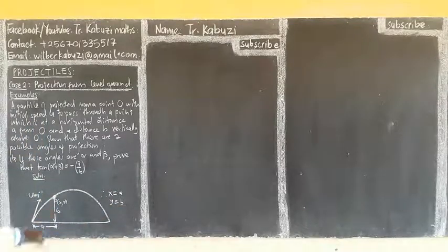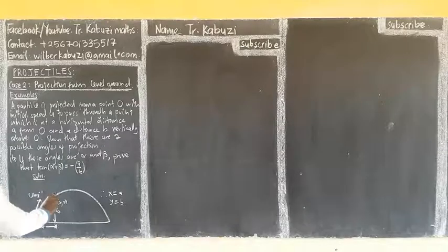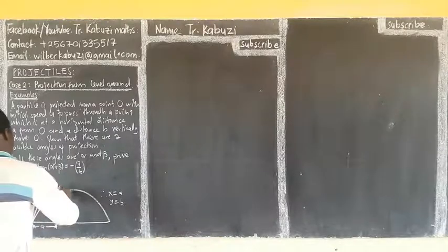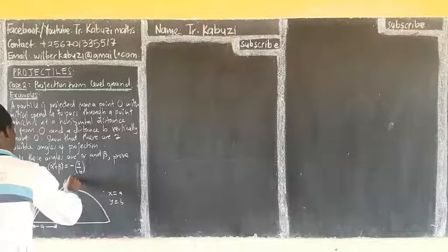That point Pxy. Now at this point it will have a certain velocity, which we are going to call V.